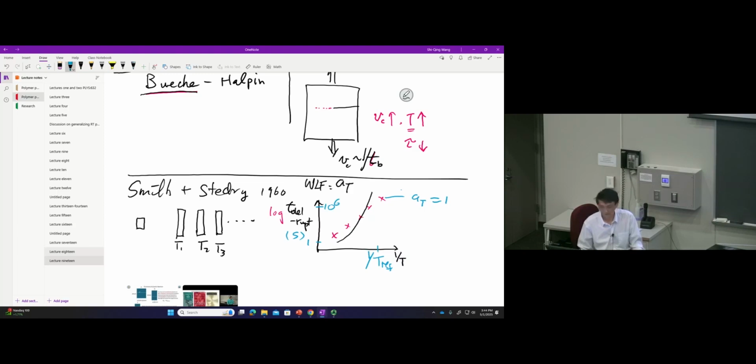That's the coldest temperature. The rest is all warmer, therefore all smaller than 1, so it's coming down. And you have no trouble normalizing your experimental data with the coldest one. Just divide by the coldest one first.